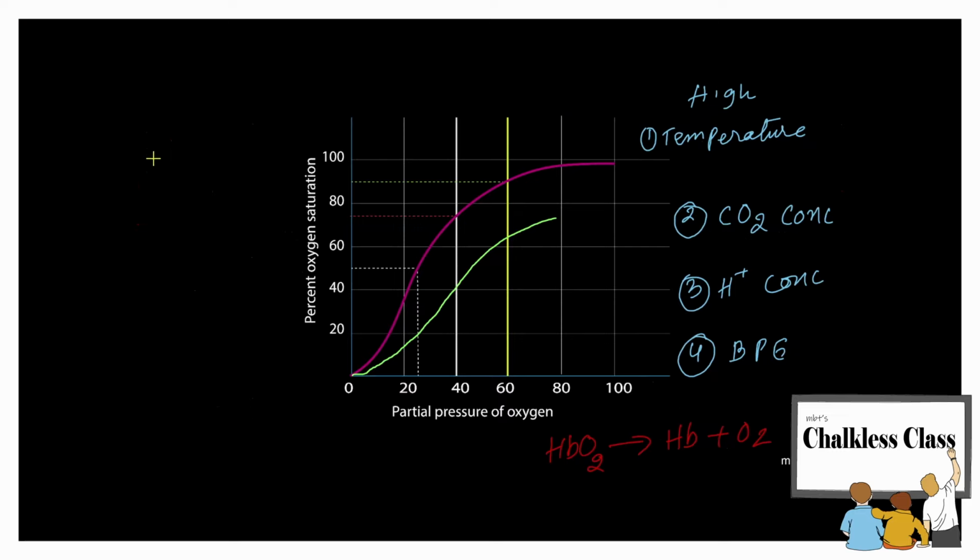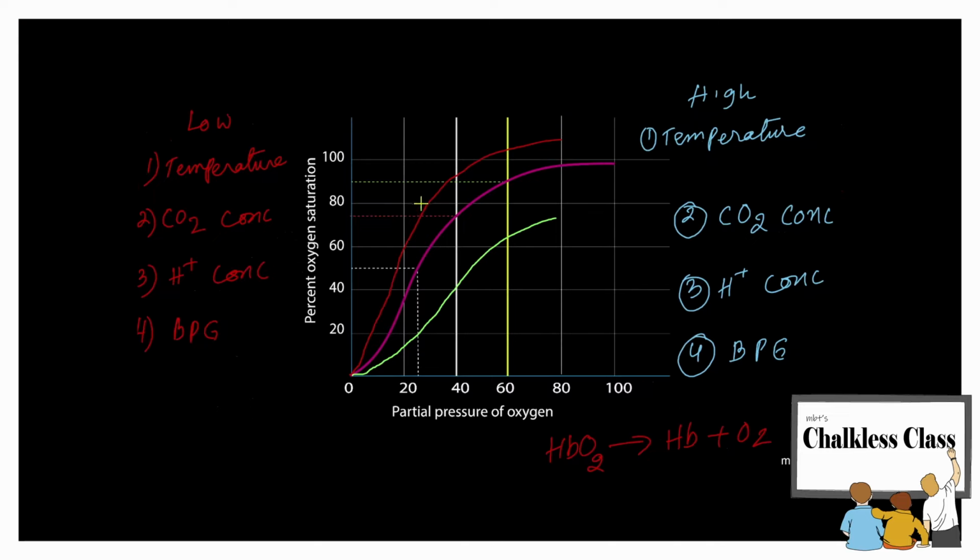On this side, let us see low temperature, low carbon dioxide concentration, low hydrogen ion concentration and low BPG. In these conditions, this graph moves to the left of the normal curve.